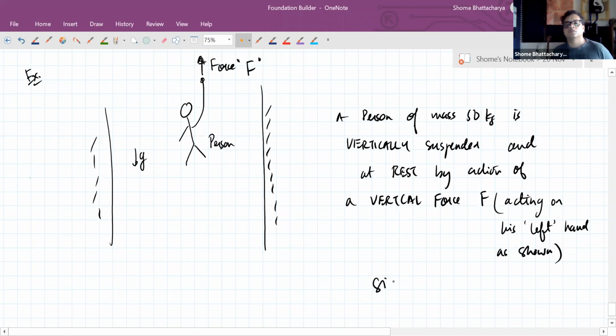Okay. So given that acceleration due to gravity is 9.8 meters per second square, find the magnitude of the force.